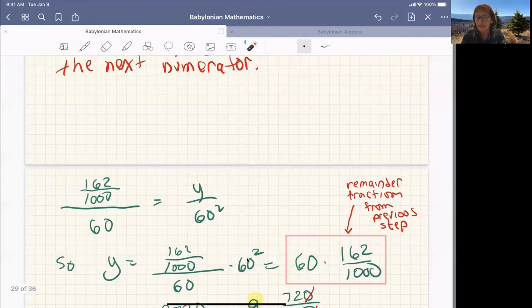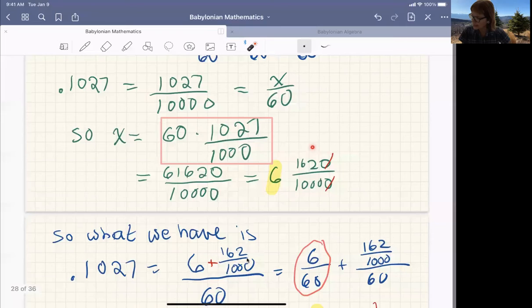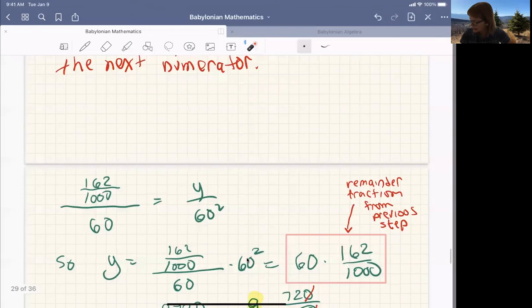That leaves the Y by itself. And then I multiply this ugly looking fraction by 60 squared. And notice that one of the 60s cancels out with this. So in other words, it's really just 60 times that fraction. So the fractional remainder that we got when calculating X, all we did is multiply that number by 60.